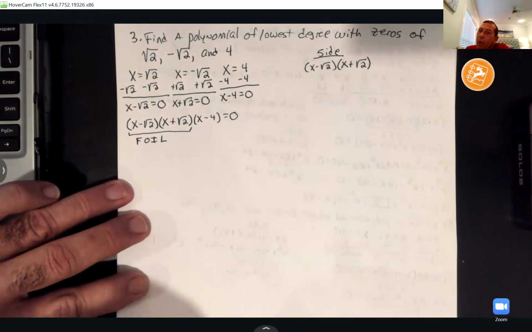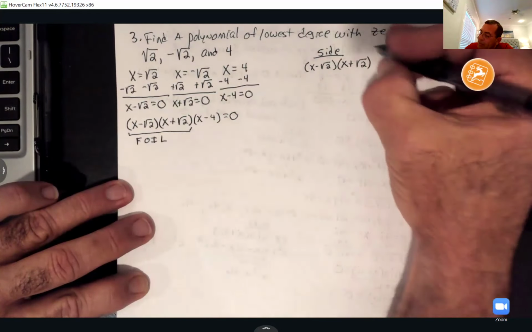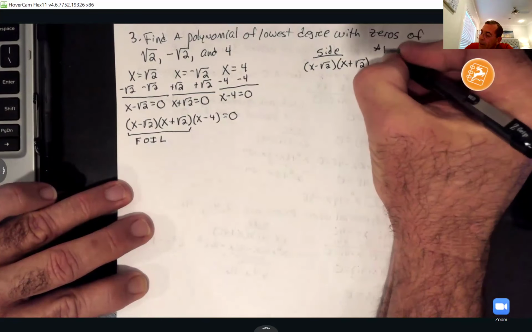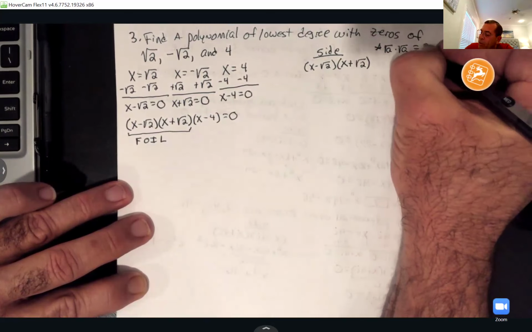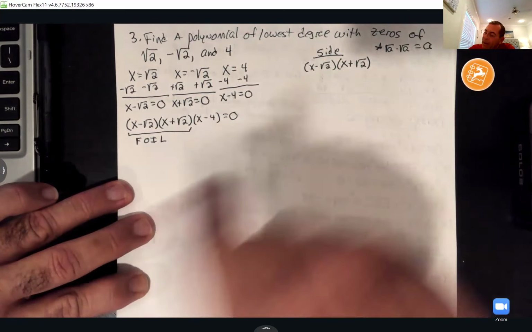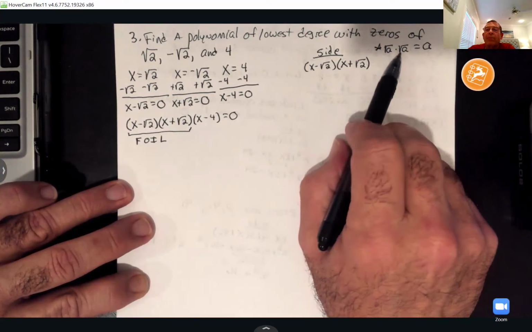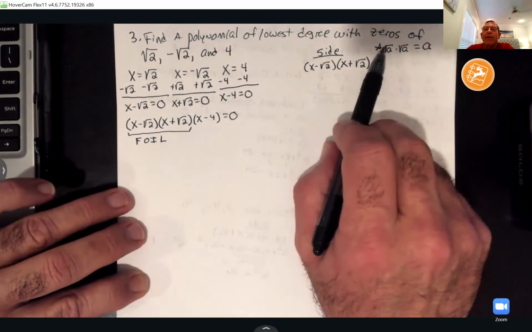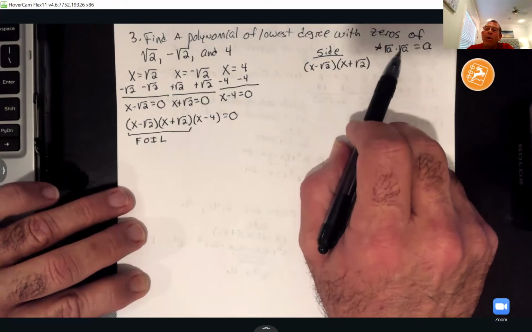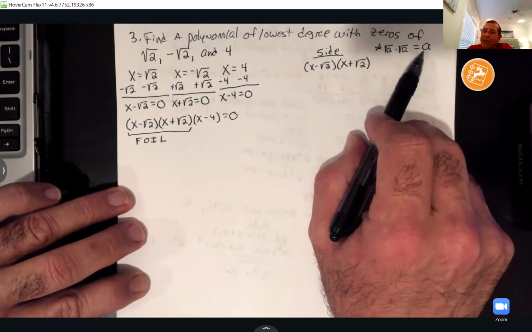Now, a very important part on this. A square root times itself equals that number. So square root of 2 times square root of 2 is going to equal 2 in the long run, because 2 times 2 would give you square root of 4, but the square root of 4 is 2.